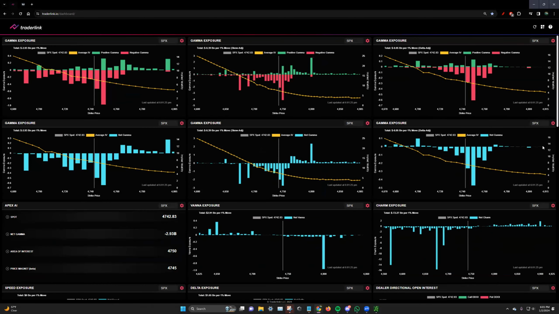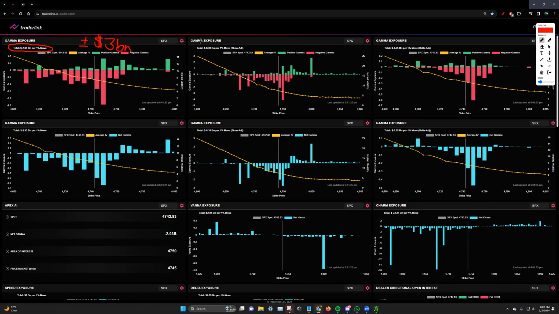So starting off, what is net gamma and what is the total amount of money being moved? When we talk about net gamma, we talk about this value at the top. When it comes to the specific value, we typically like to look for a plus or minus 3 billion, right? Why?